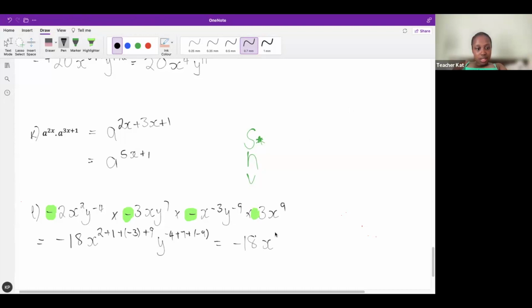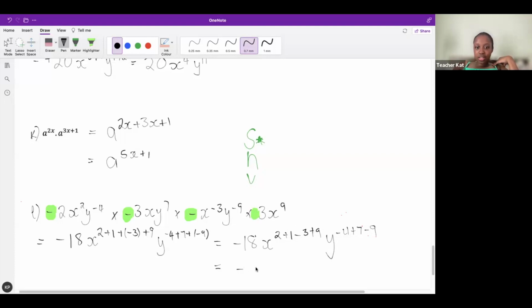So it's going to be x to the power of 2 plus 1. A positive and a negative give you a negative 9. Nope, negative 3. Excuse me, a negative 3 plus 9. And it is y to the power of negative 4 plus 7 minus 9.